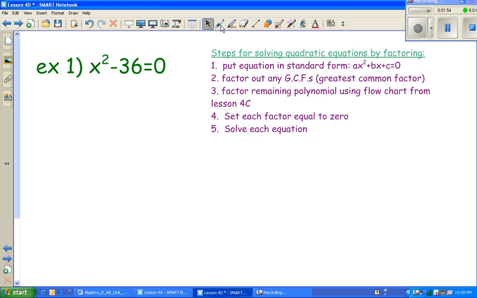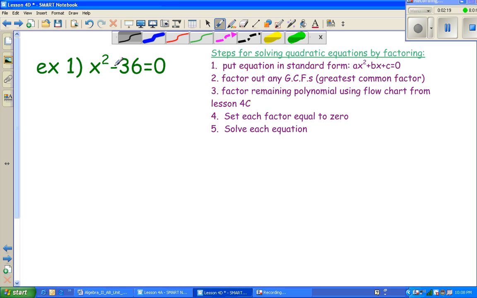So if you look at this first example that we have here, this is a quadratic equation because the exponent is 2. It's not a trinomial. If you think about the flowchart, you would start: is there a GCF? No, there's not a GCF. How many terms are there? This particular one only has 2 terms. It's called a binomial.